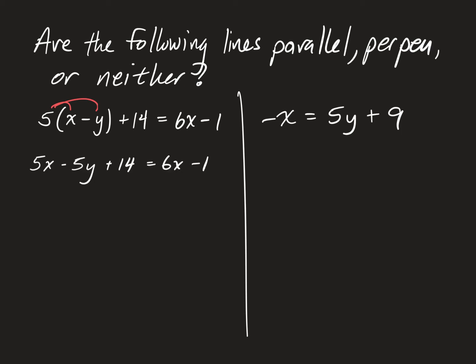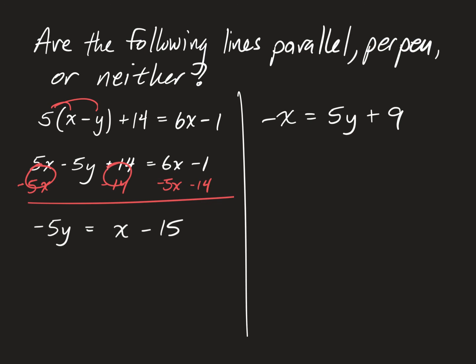And we will get 5x minus 5y plus 14. Then we want to make sure we get all of the y terms on one side of the equation and anything else that isn't a y on the right side of the equation. So let's go ahead and do that. And you'll see that'll give the equation negative 5y plus x minus 15. The last step here, divide by negative 5.